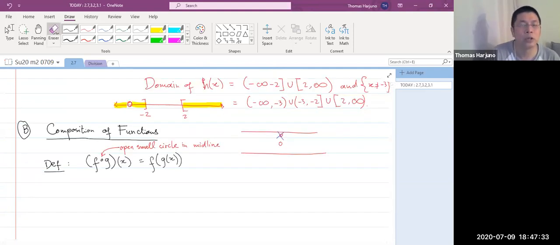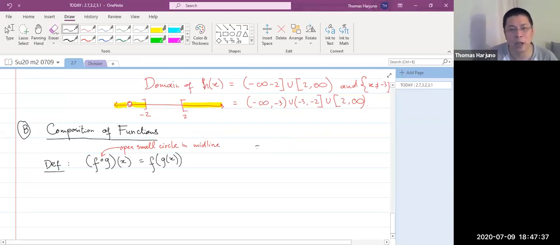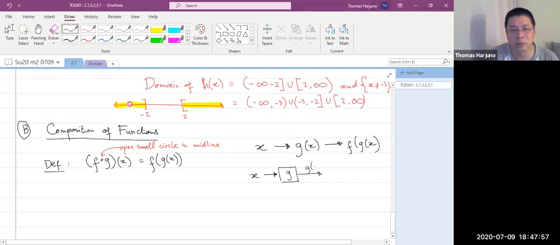It means that the x goes to g first, and then the output, g of x, becomes the input of f. As if x goes to a machine g, the output is g of x. Then you plug that into machine f, the output is f of g of x.